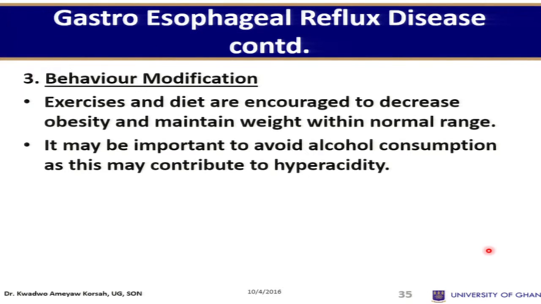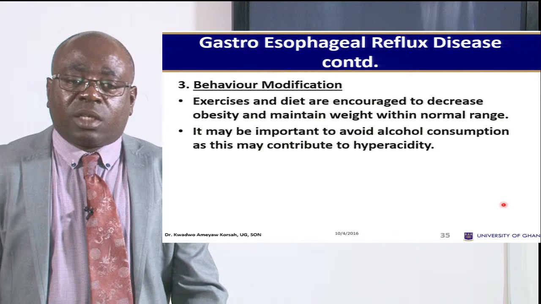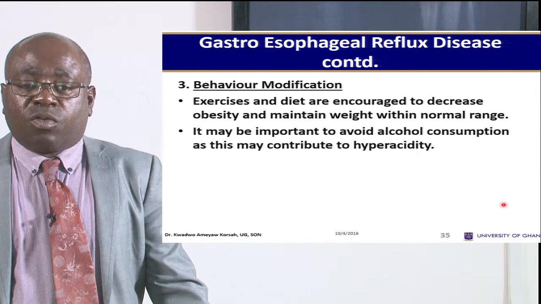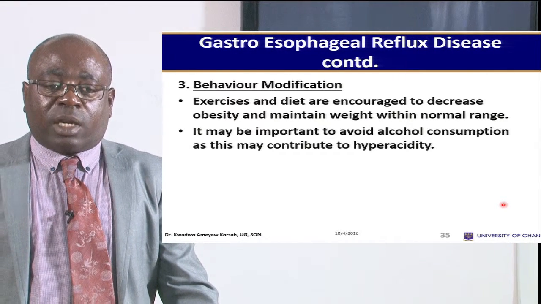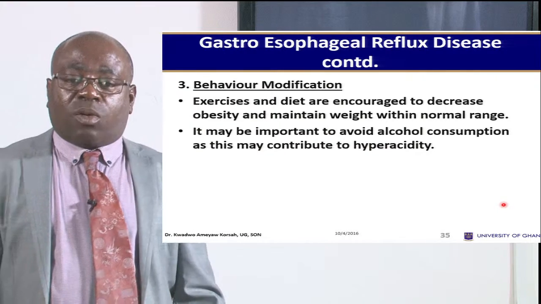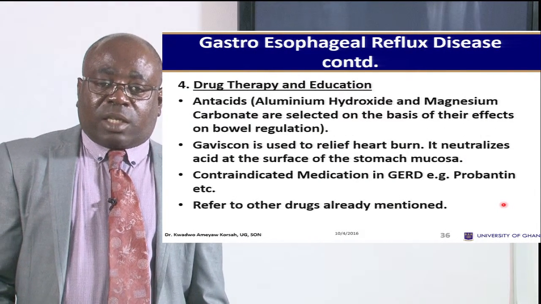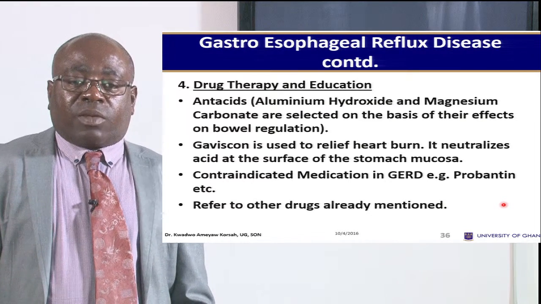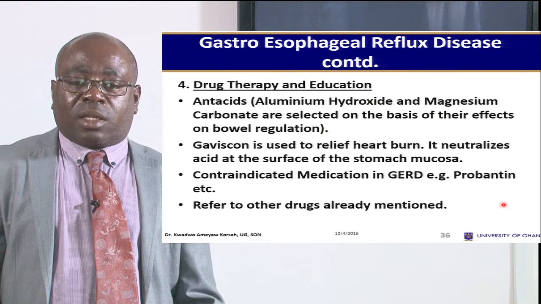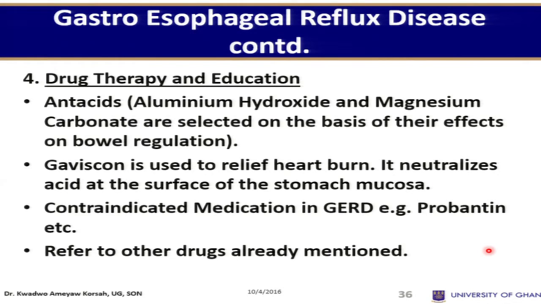So behavioral modification is very important. Exercise and diet are encouraged to decrease obesity and maintain weight within the normal range, and it may be important to avoid alcohol consumption, as this may contribute to acidity. And then drug therapy and medication: antacids are selected on the basis of their effects on bowel regulation.